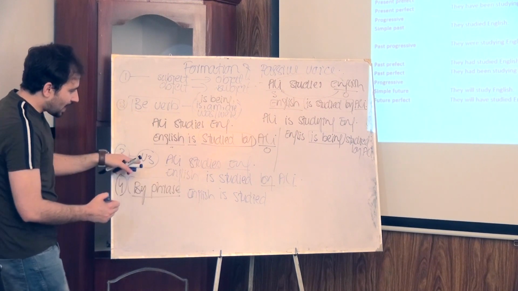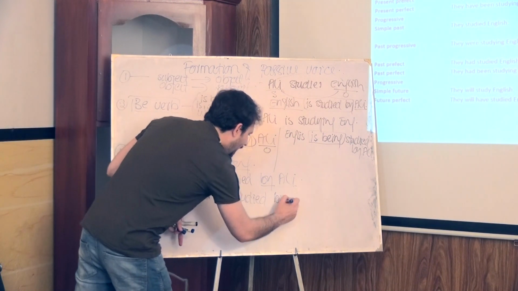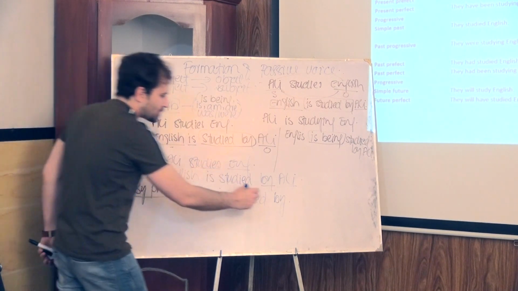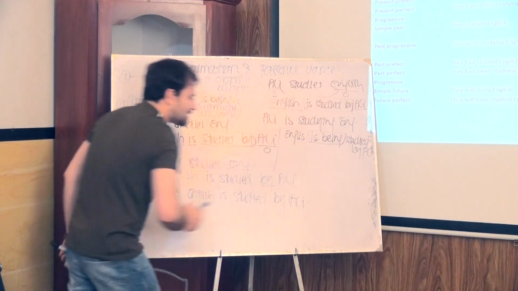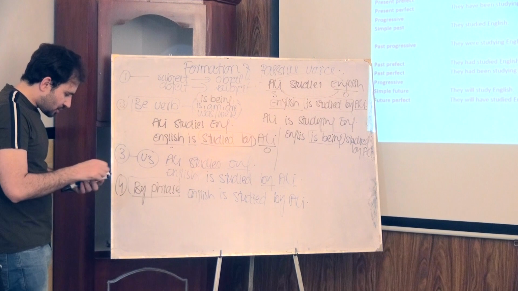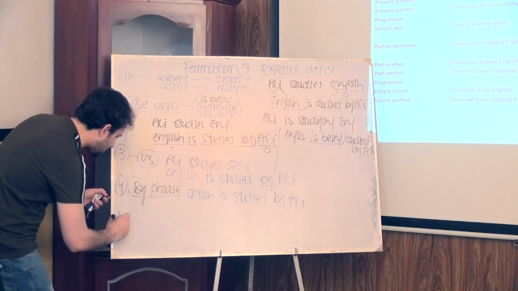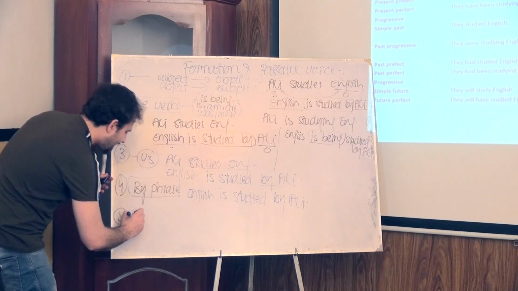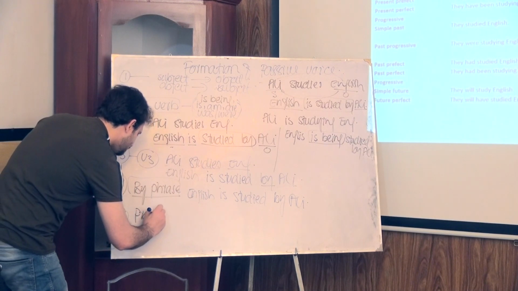By phrase. And I will put here by, and after by, I will put what? The subject. The subject will change into object over there, by Ali. This is the last stage. Now, the last fifth stage, you shall not forget about the fifth one. And the fifth stage, what do we have here? That is pronouns.